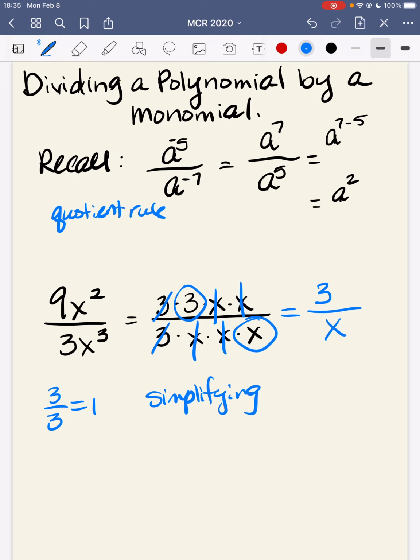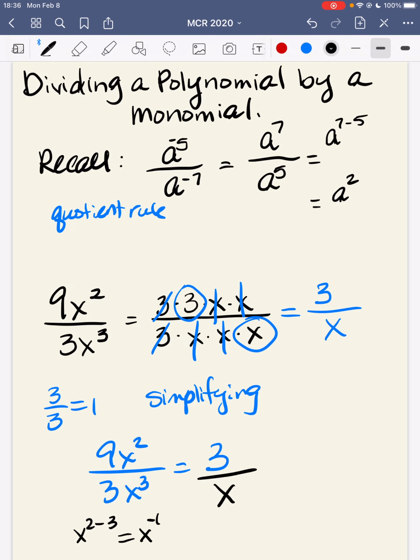I could take the same idea and say, I have 9x squared and 3x to the third, and 9 divided by 3 is 3, and x to the 2 minus 3 is x to the negative 1, which means it needs to go into the denominator. And you get the same result.